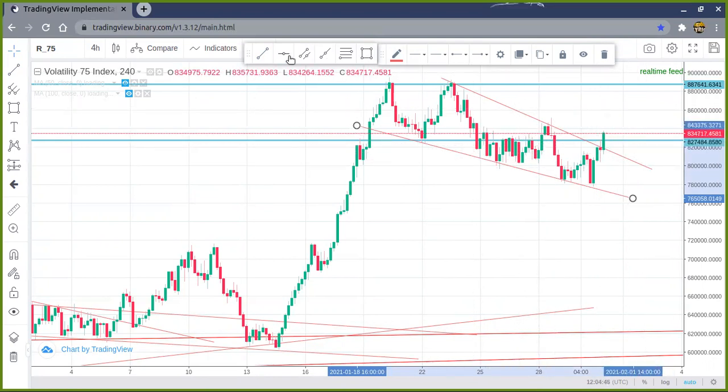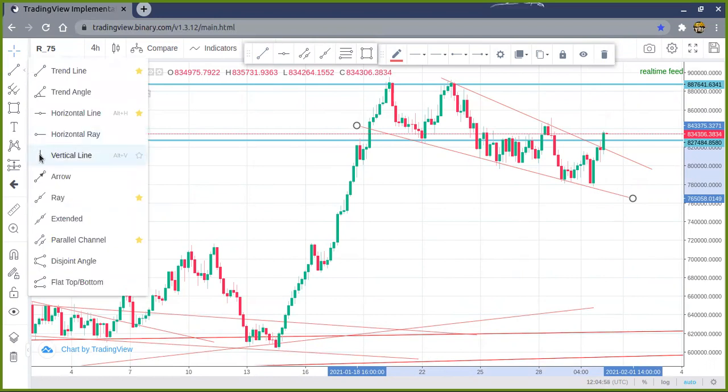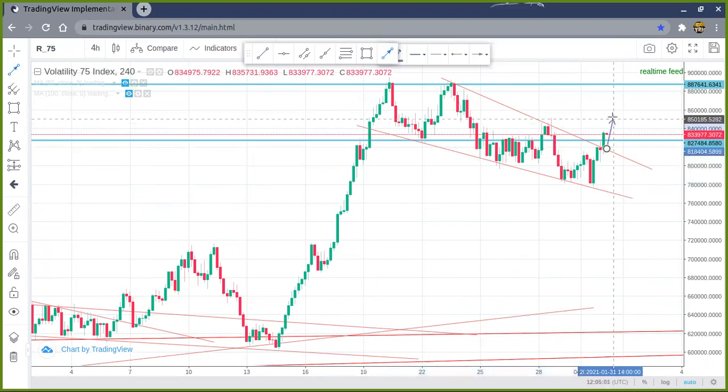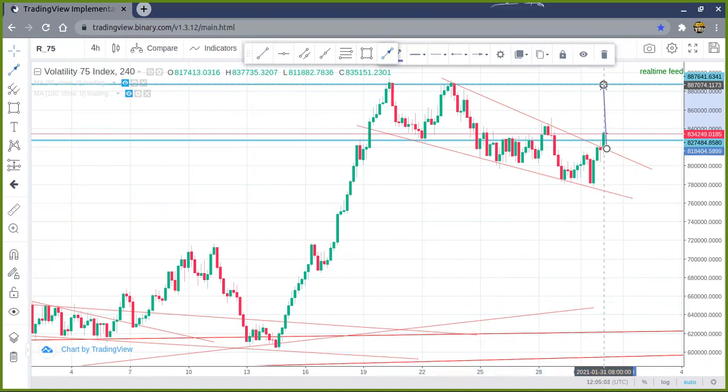So what does it indicate? It indicates that this could go up. It's an indication the market could move up here.